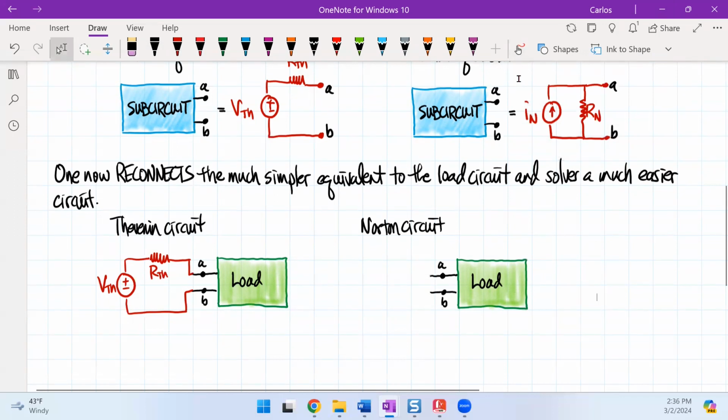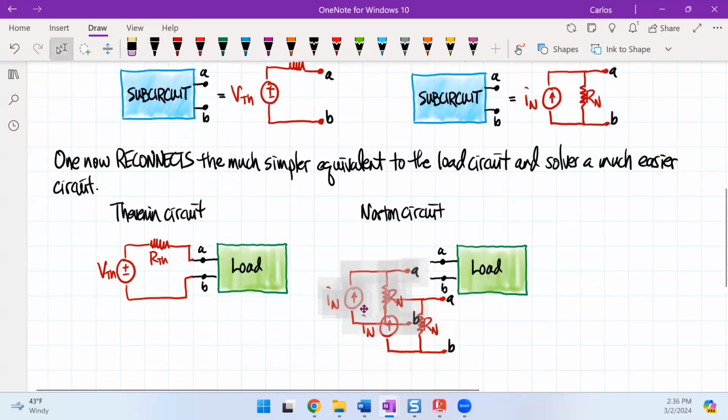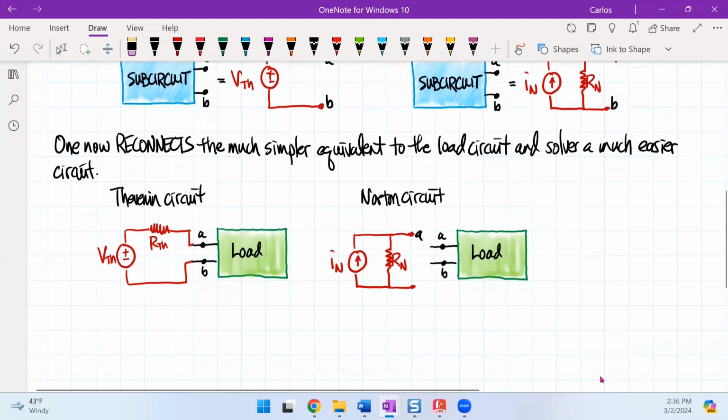I do effectively the exact same thing, where now I reconnect this, and you can see that this is a much easier circuit to solve. That's the idea behind the Thevenin or Norton theorems.